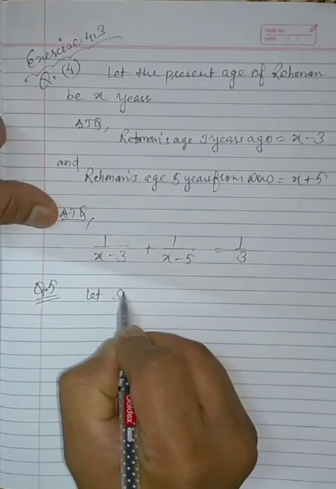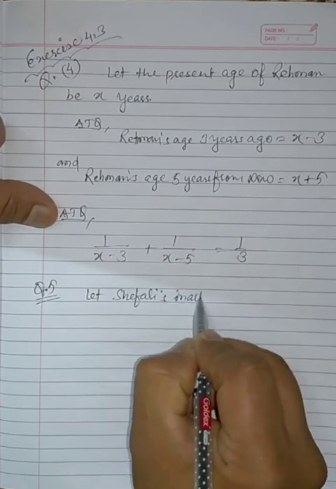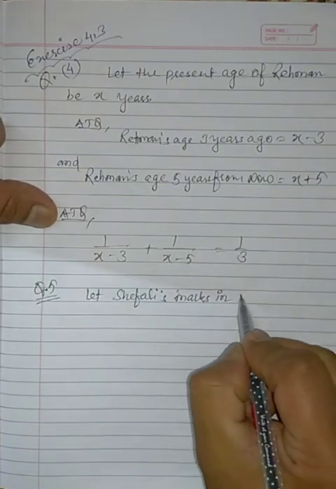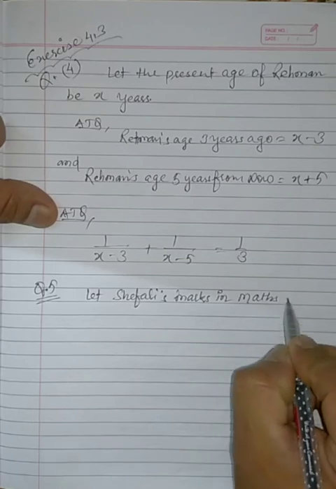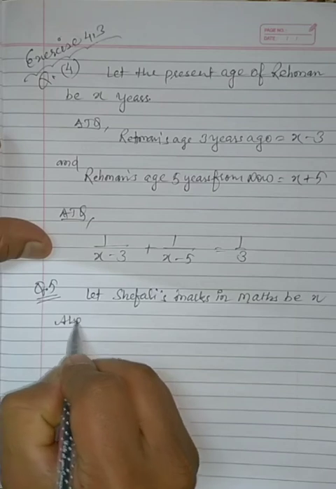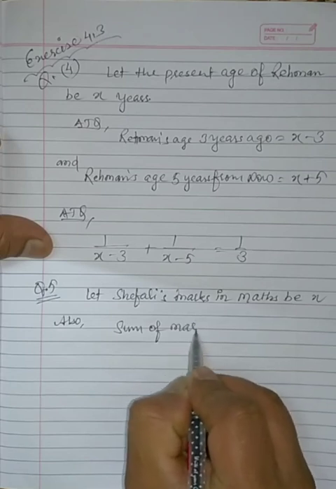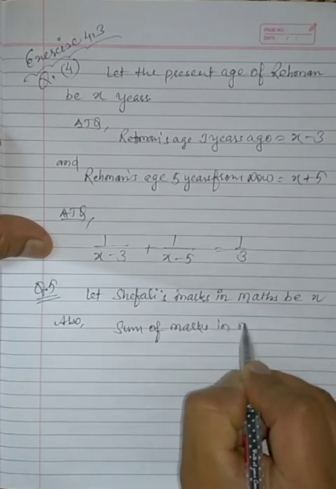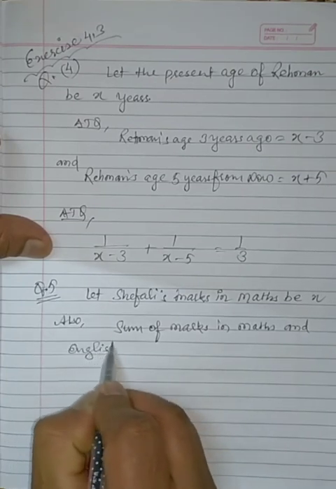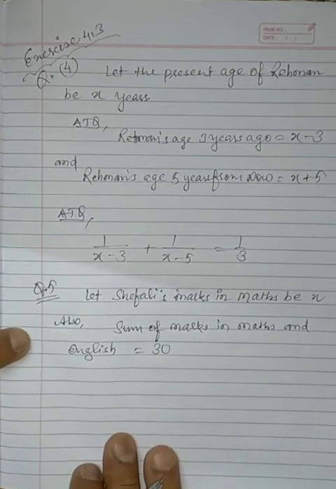So let Shefali's marks in maths be X. Also, sum of marks in maths and English is equal to 30, as is given in question.